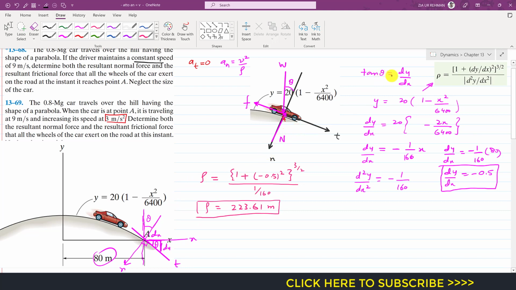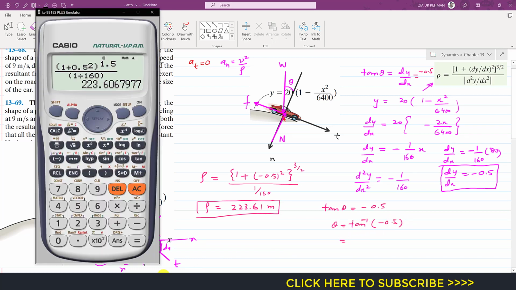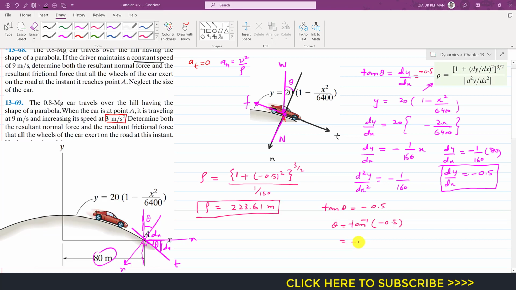And we can find that angle: tan theta equals dy by dx, and we know that dy by dx is minus 0.5. So theta equals tan inverse of minus 0.5, which gives me minus 26.57.